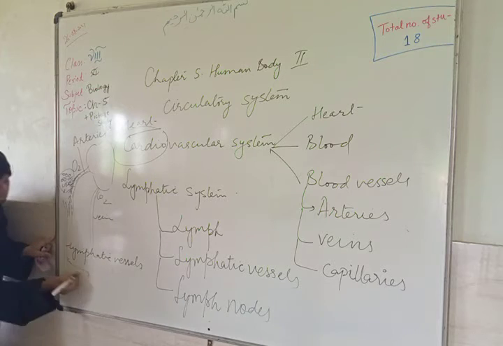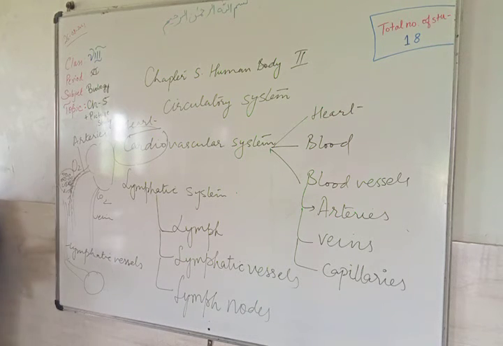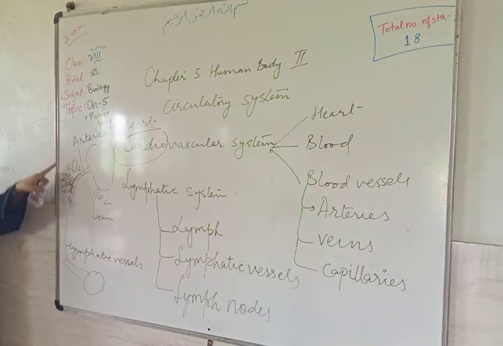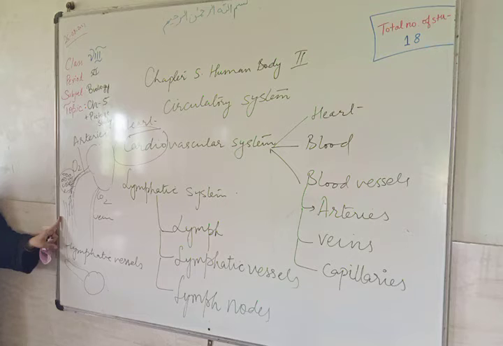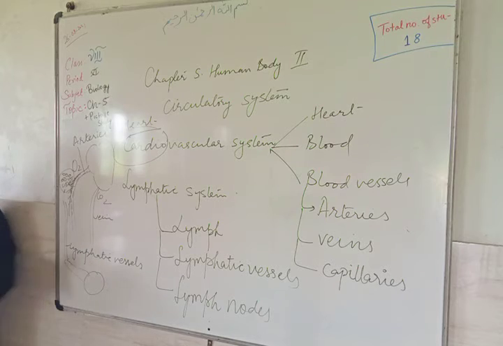Now after that, where does it drain? In the lymph node. First the liquid seeps out from the blood, that is called lymph, then it is utilized, and the utilized lymph is absorbed by the lymph vessels and drains into the lymph node.